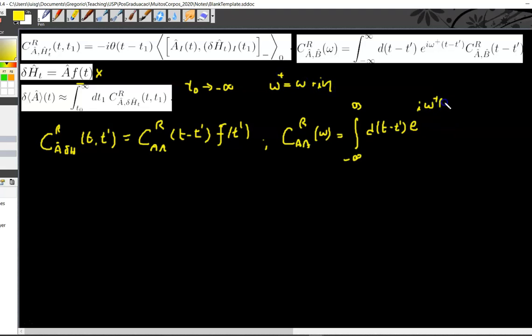We discussed why we need that for this Fourier transform to be well defined as well. So this C_AA retarded at t minus t prime. Okay, all right.